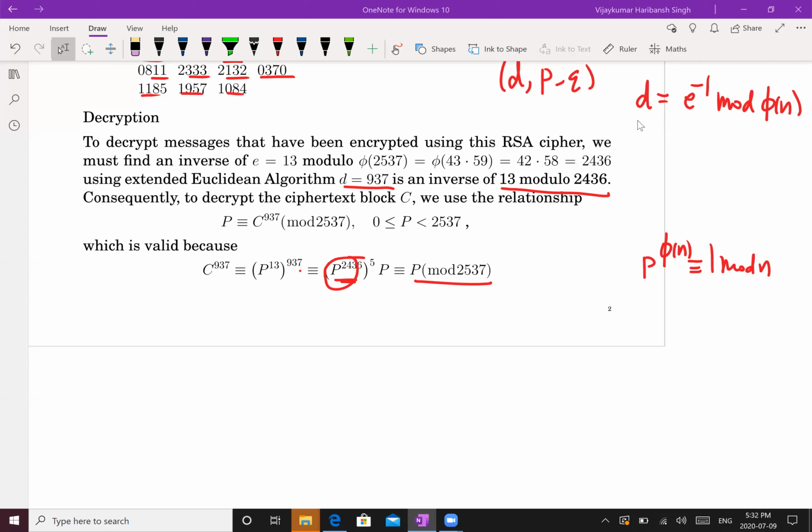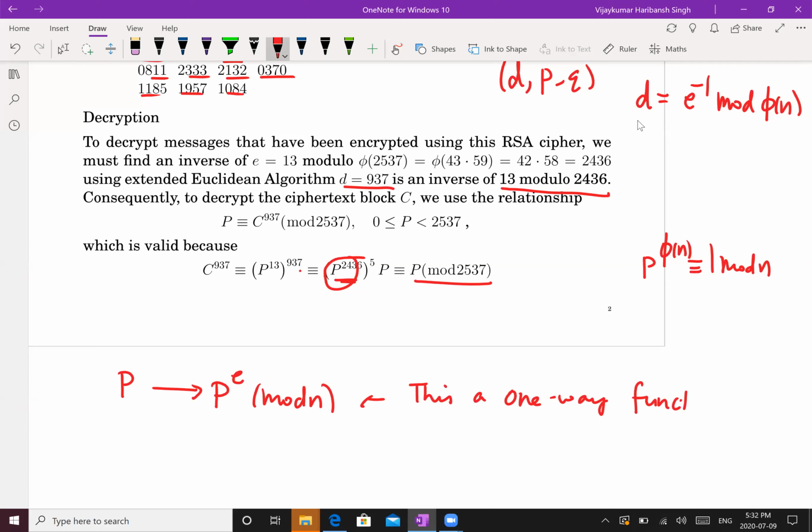Now, why is RSA secure, or was secure at least? Note that when you take a plain text P and raise it to the power E mod N, the belief is that this is a one-way function.